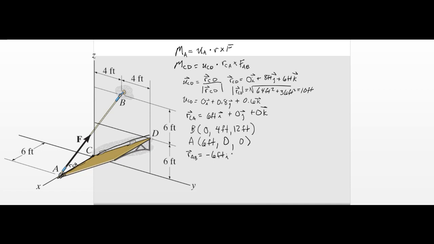So this is minus 6 feet in the i plus 4 feet in the j plus 12 feet in the k direction. So that's RAB. Now we need to find the unit vector, so we're going to have to take the magnitude of RAB.